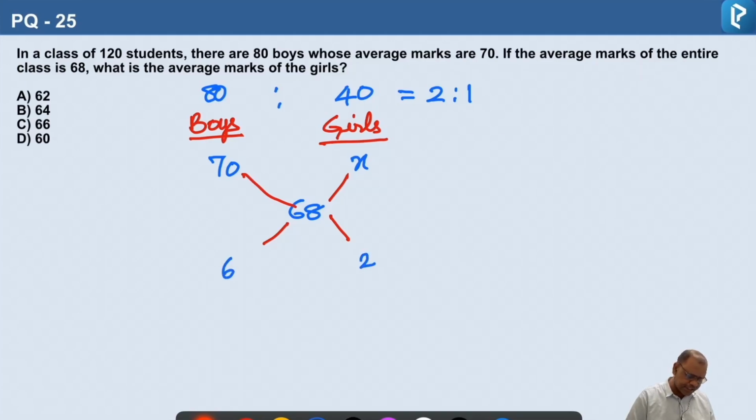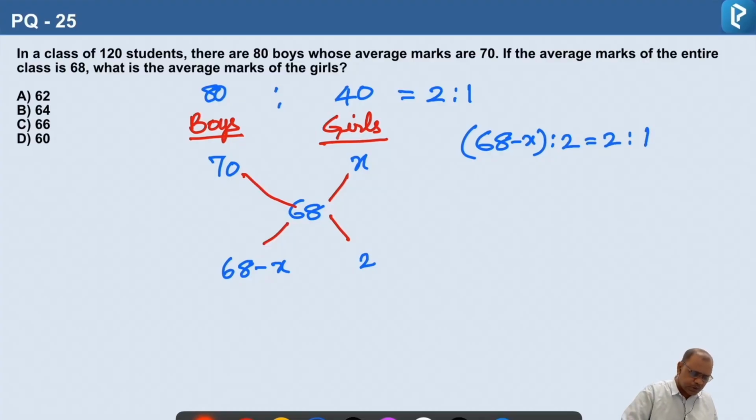This is 68 minus X. So the ratio is 2:1. 68 minus X is to 2 is equal to 2:1.